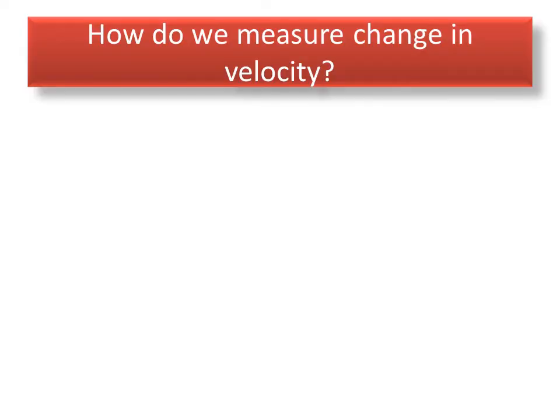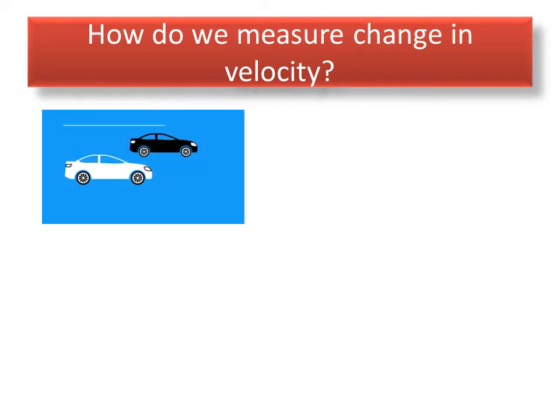Now let's review velocity. Velocity depends on speed and direction. These two cars are moving in the same direction, but do they have the same velocity? No, since the black car is ahead of the white car, so they have different speeds.